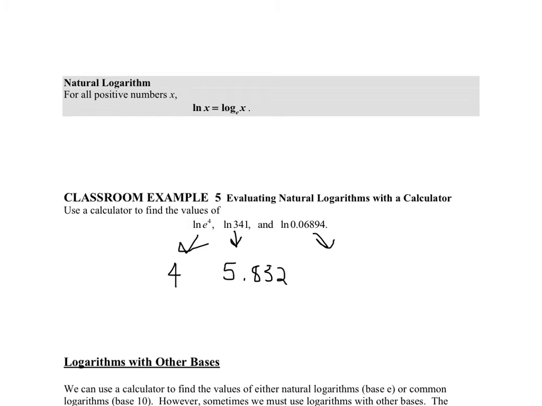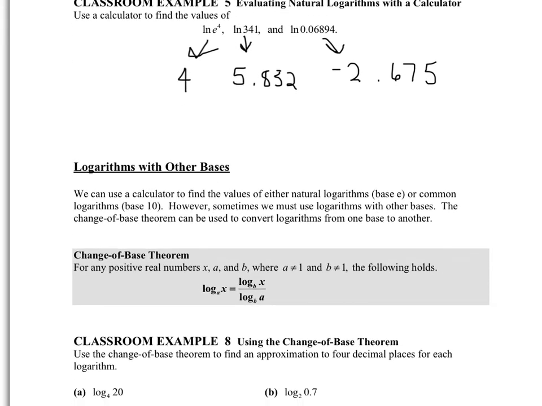And the natural log of this decimal value, again, because it's a decimal number between 0 and 1, we should expect a negative answer back. It would take a negative exponent to give that to us. And indeed, we get negative 2.675. So please be sure that you're entering these things into your calculator correctly.